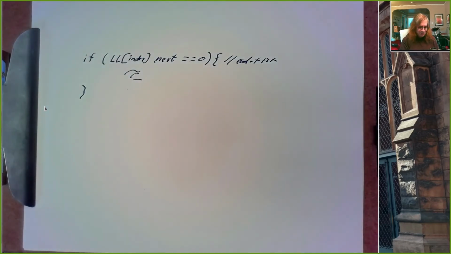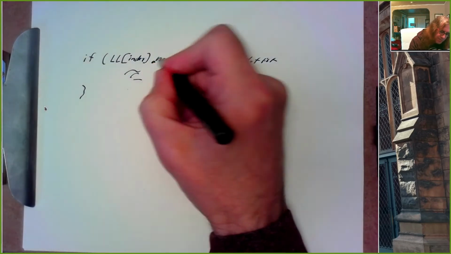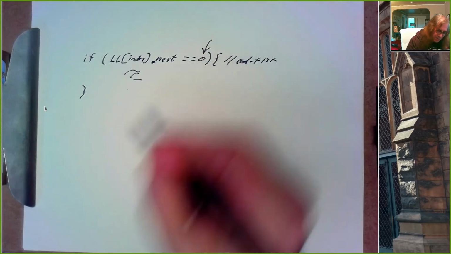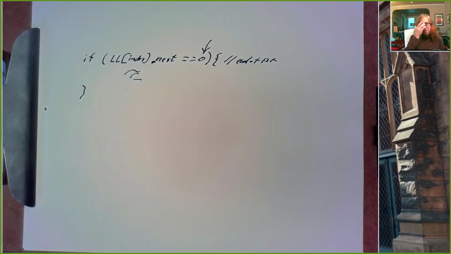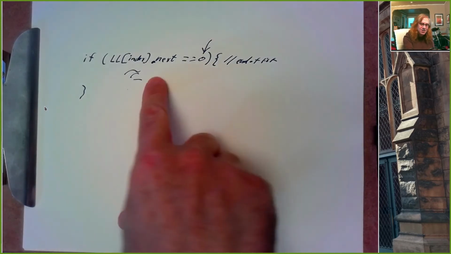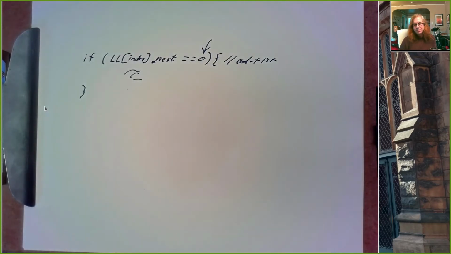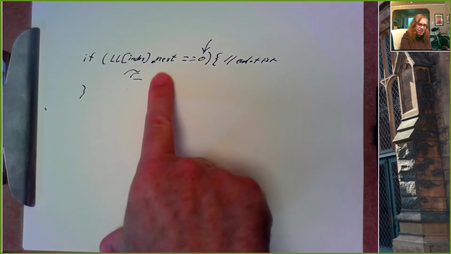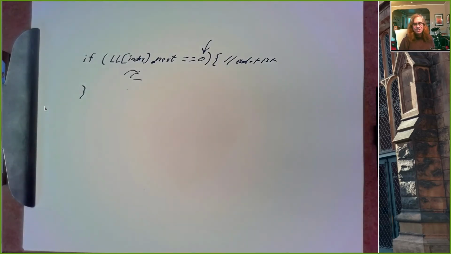So this 0 is what we call a magic value. Why is it 0? Because someone decided somewhere that when you reach the end of the list, the next field is going to be set to 0. There's nothing inherent about 0 that says that's the end of the list. We could have used -15 and said, when you reach the end of the list, set the next field equal to -15. It's a magic value, which is used as a flag.